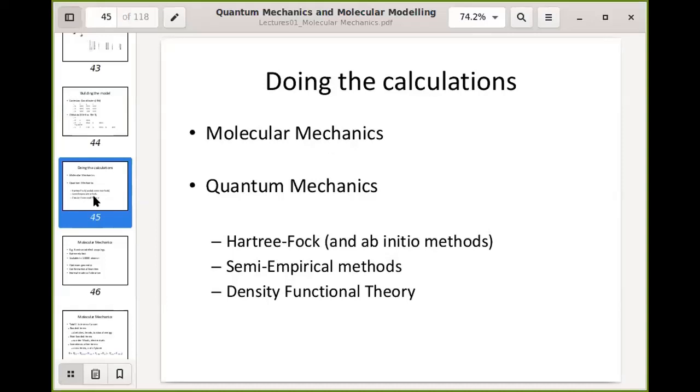I'm not going to deal with the principles behind how the computer does that at this point. I'm going to have a look at a simpler way to calculate energies and geometries of molecules called molecular mechanics. And molecular mechanics, even though it's not as accurate as quantum mechanics, is still very, very popular today.